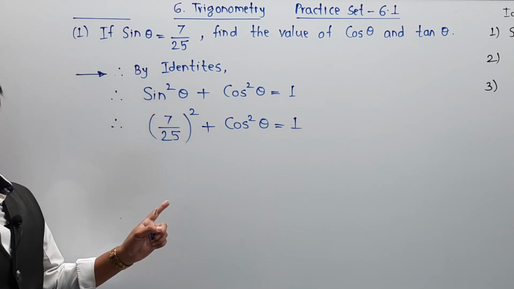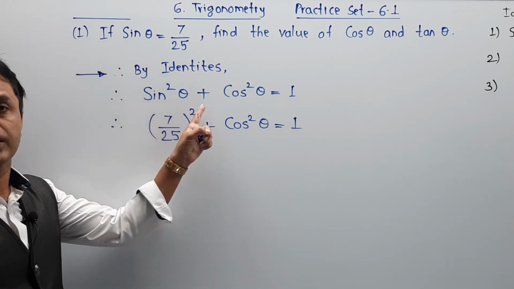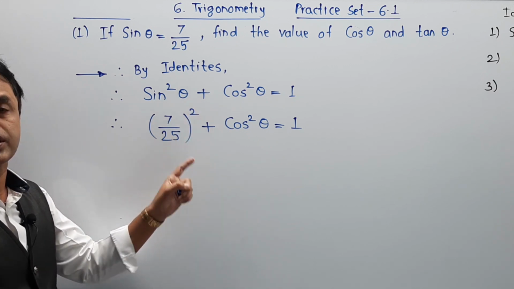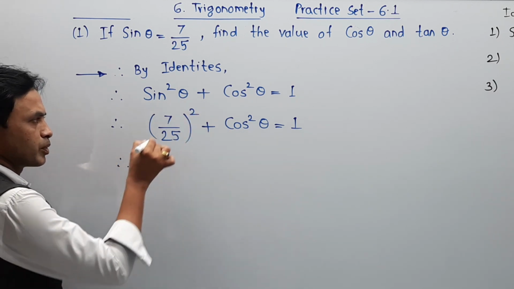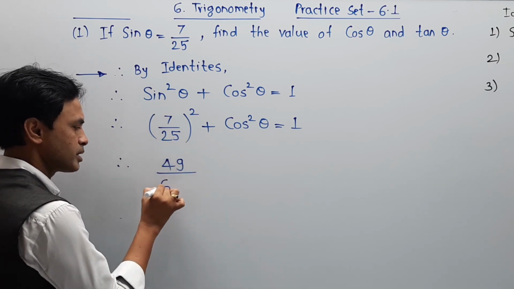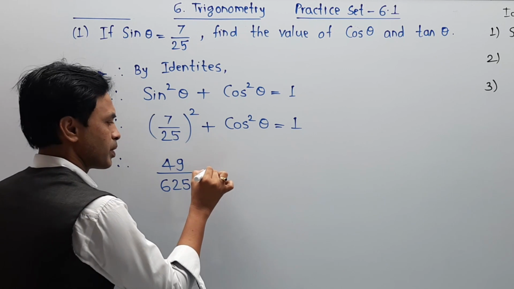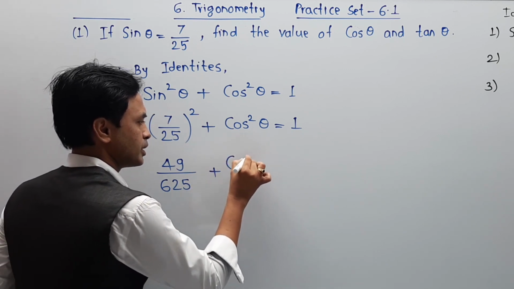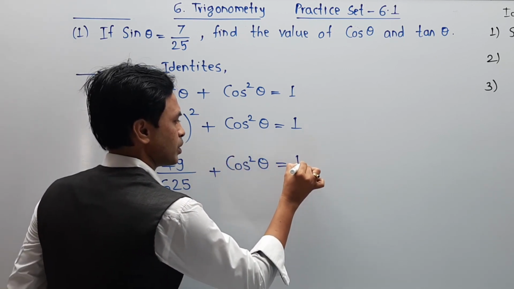Now the calculation. 7 square is 49 and 25 square is 625. So writing that step, 49 upon 625 plus cos square theta is equal to 1.